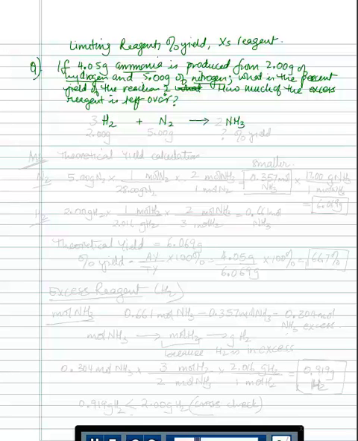And then we go ahead and balance the equation. And in balancing the equation, we need to have 2 nitrogens and then 3 hydrogens, okay, over here. So then our nitrogen that is given to us is 5.00 grams and hydrogen is 2.00 grams, okay?